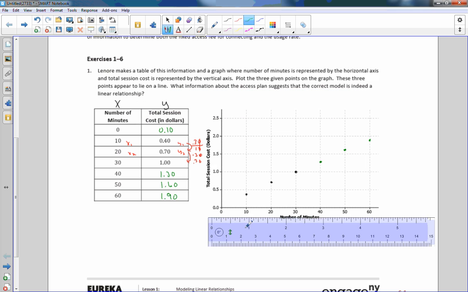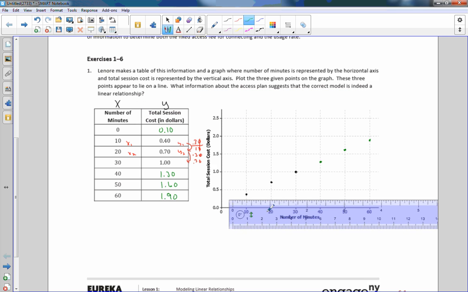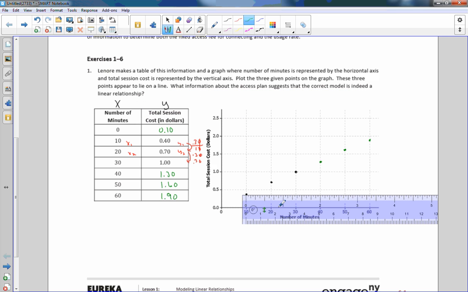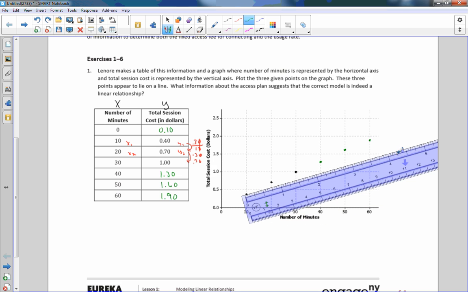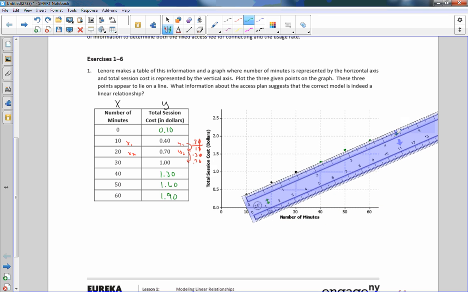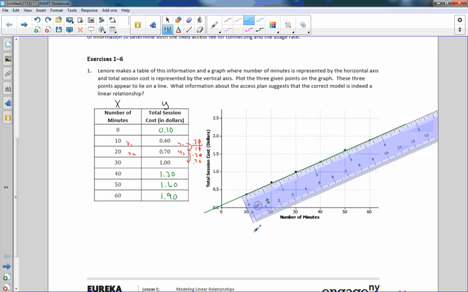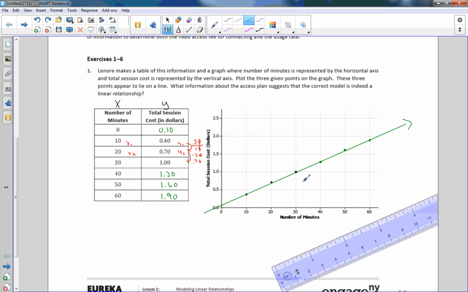So if I bring this down to this first point here, rotate this up, okay, and there is the equation.